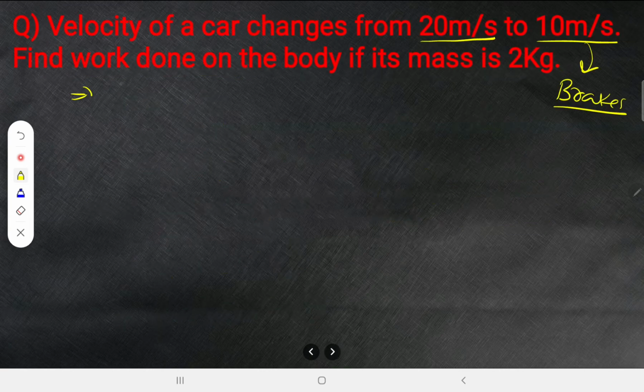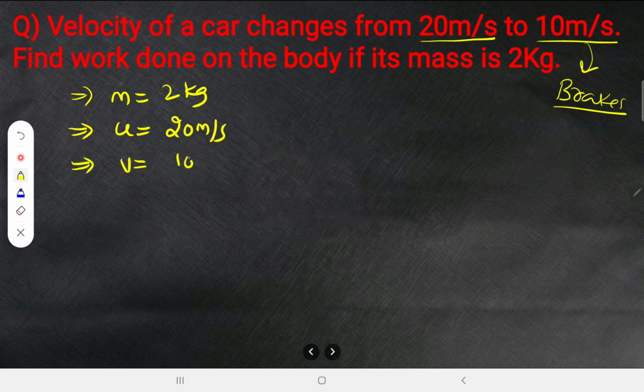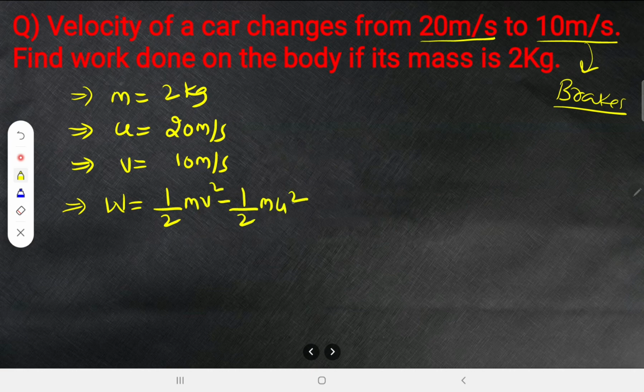Now what is the mass of the body? Mass of the body is as usual 2 kg. What is the initial velocity? Initial velocity is 20 meter per second. What is the final velocity? Final velocity is 10 meter per second. Now what is the work done? Work done is equal to final kinetic energy minus initial kinetic energy. You know this.